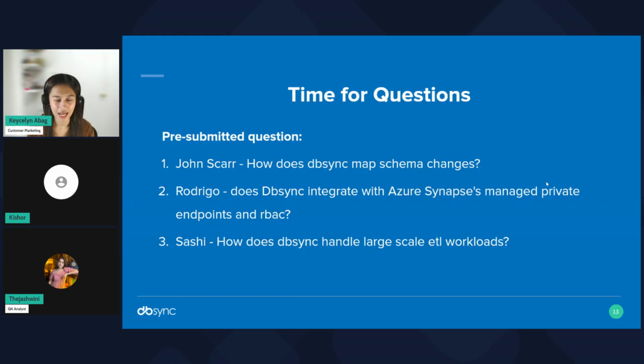So I think this is the last question we have from Sashi. How does DBSync handle large scale ETL workloads? Okay, so to answer this, we do have the mechanism where you can batch the load of your data. So you can configure the batch size according to the volume of data that you want to sync, or what amount of data that you have within your source and target.